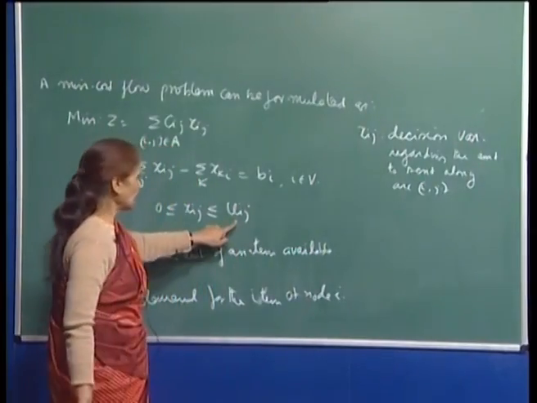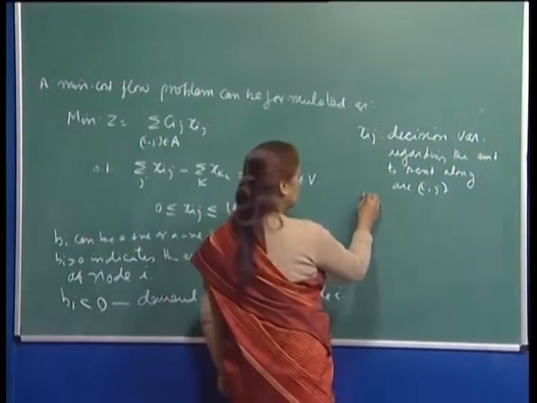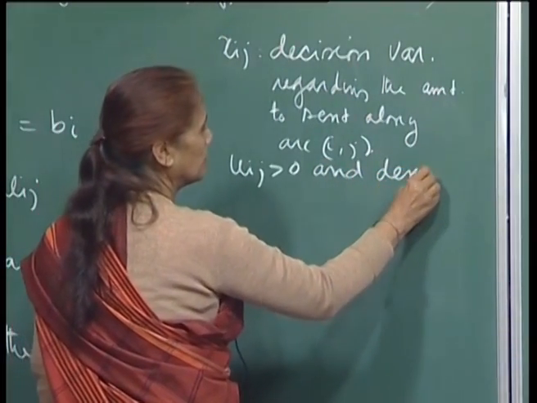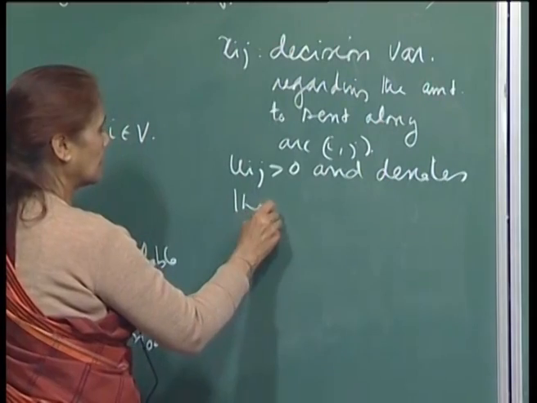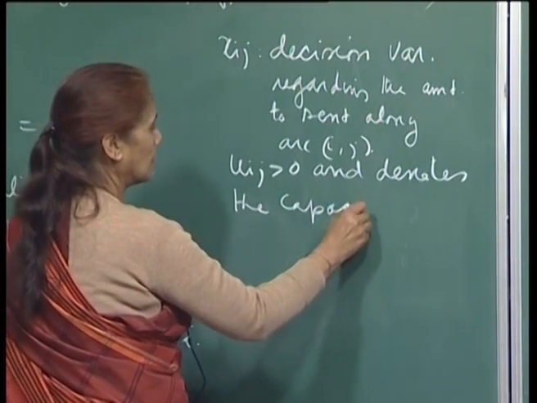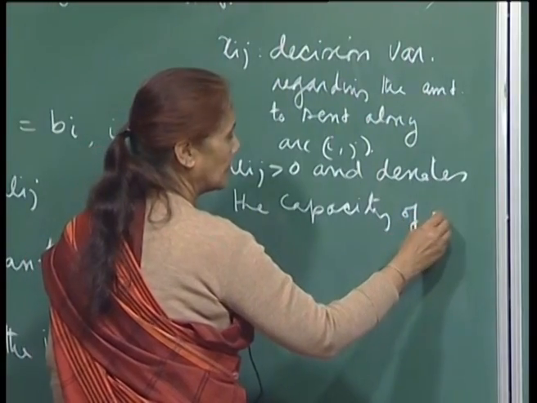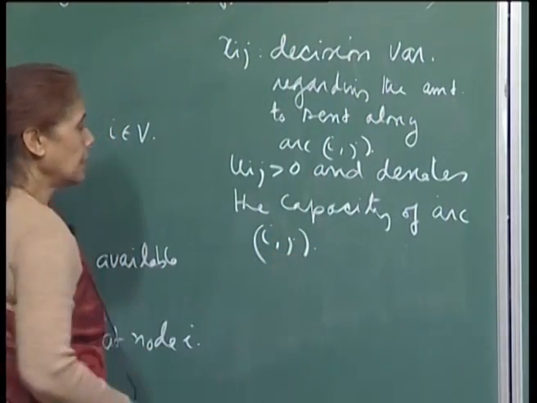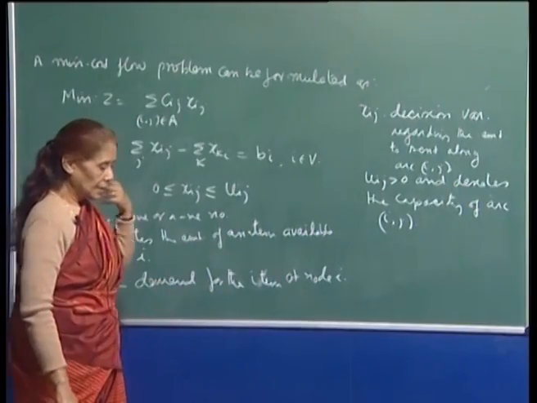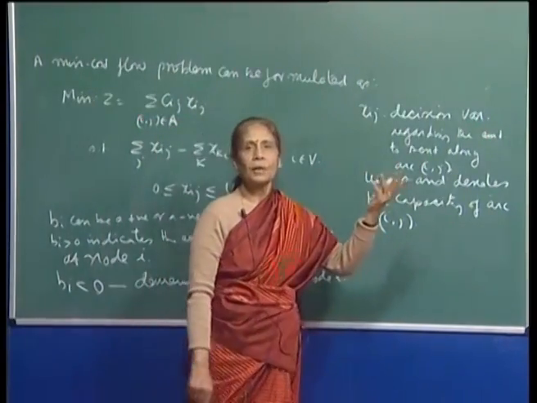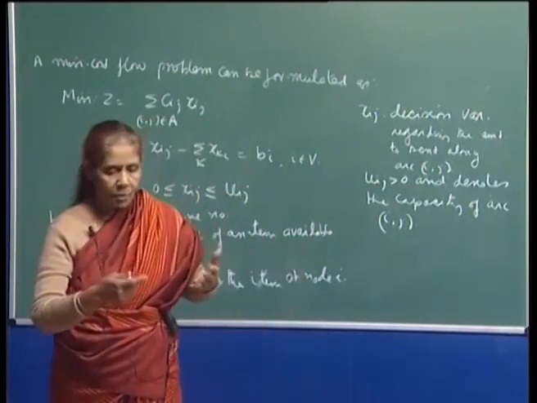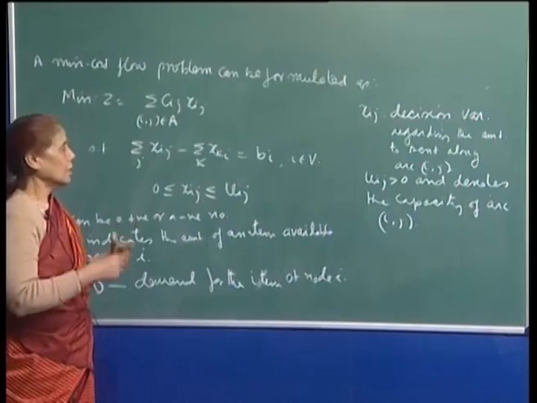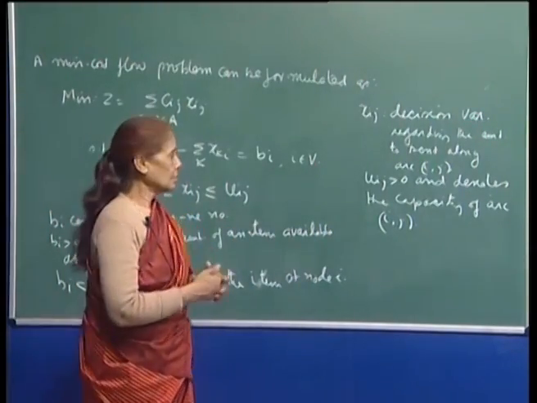Then uij is positive and denotes the capacity of arc ij. You can immediately relate it to, for example, sending things by trucks, where there is a certain amount beyond which you cannot send the items through the truck, or the railroad, where you hire a carriage.